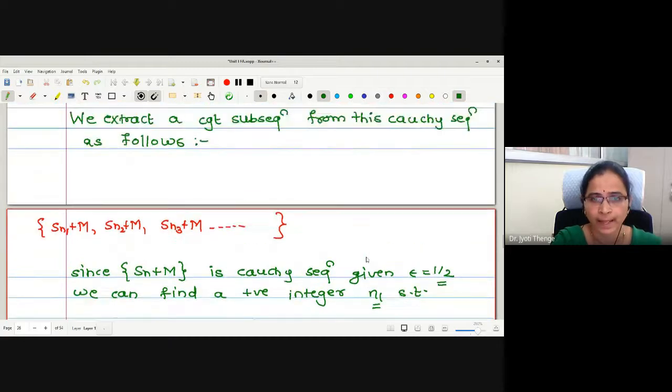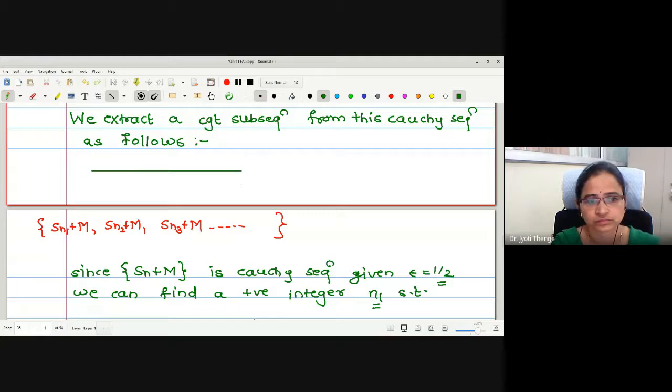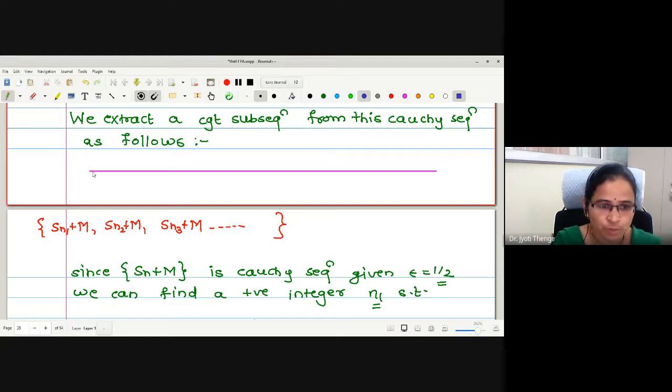Let me show you here. Suppose this is your first element, Sn1, and then 1, 2, 3, and so on.